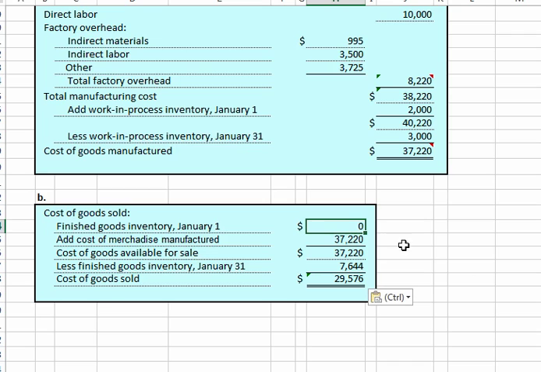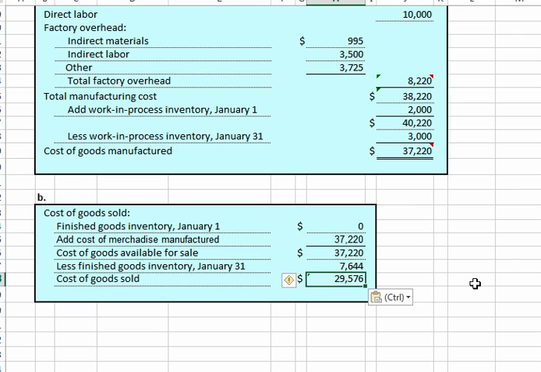So we'd add those two together, the beginning finished goods balance plus the cost of merchandise manufactured during the period. They give us the cost of goods available for sale. Then we deduct out our finished goods inventory balance at the end of the month.